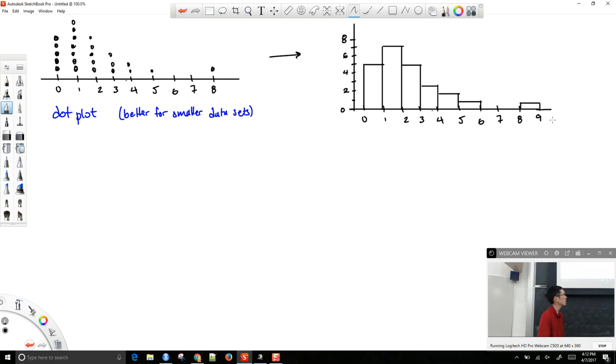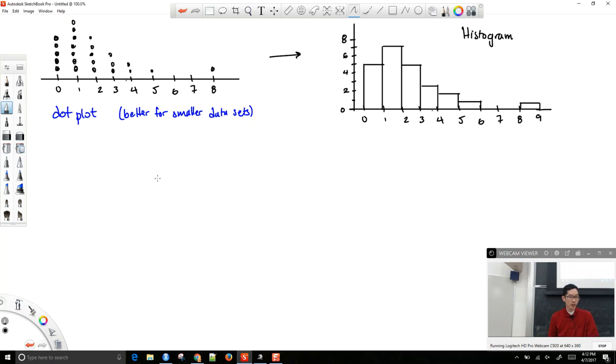And so this is a histogram, and it represents the same data as the dot plot.